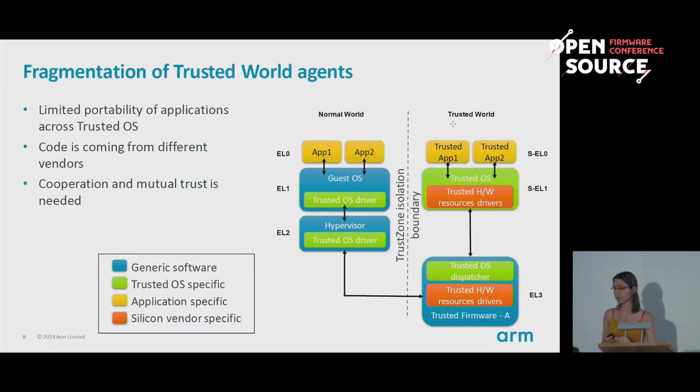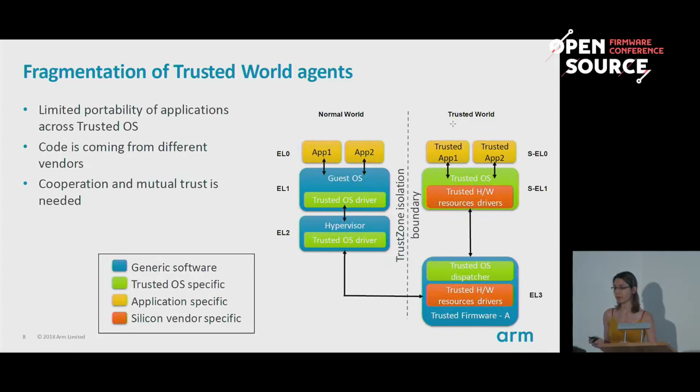And the same goes also in the EL3 firmware. You've got to have some kind of dispatcher that will basically intercept all the requests for this particular trusted OS and forward them in a trusted OS specific manner to secure EL1.